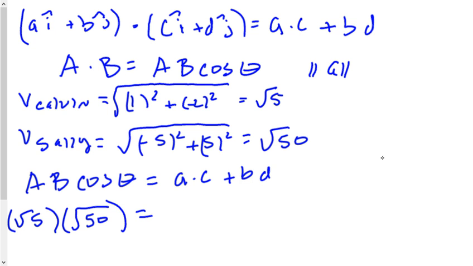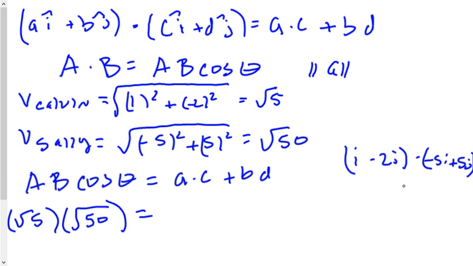Our vector is i minus 2j, and we need to dot product that with a negative 5i plus a 5j. And I'm kind of running out of room. I'm smashing that there a little bit.